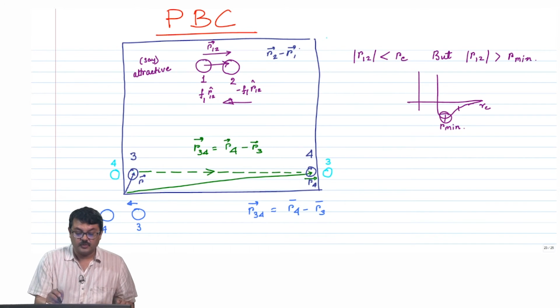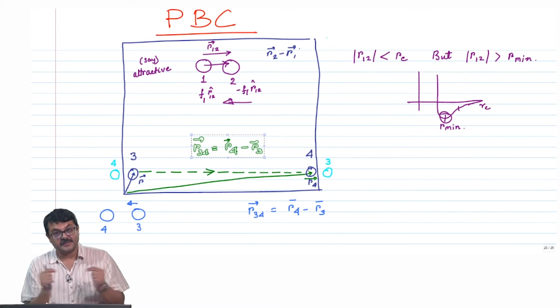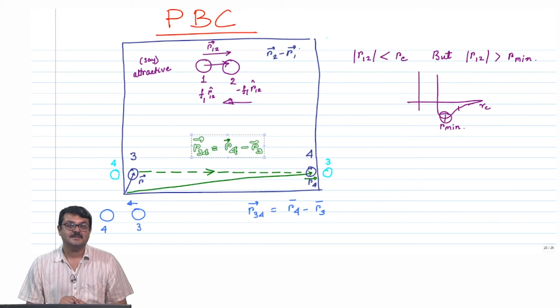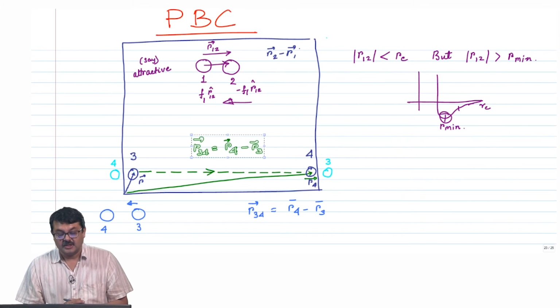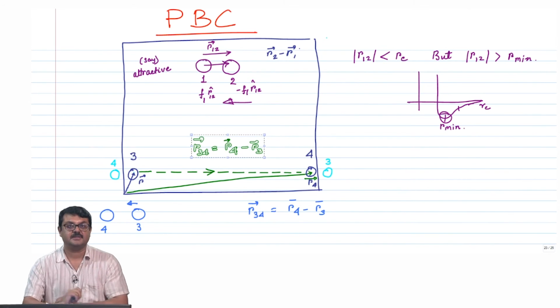And then if you use just this formula to calculate the direction of the forces, you will get a wrong answer. When you correct for the distance of minimum image convention, you also have to correct for the vector, because it is larger.